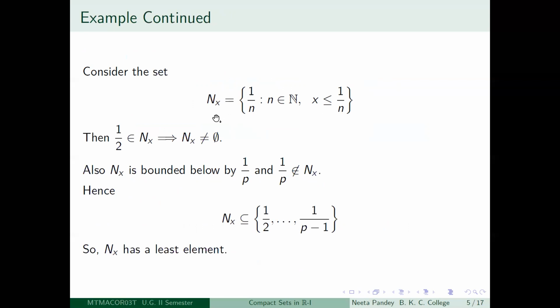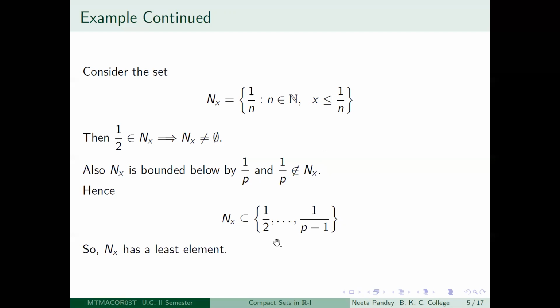But now notice that if 1/p does not belong here, then 1/(p+1) will also not belong, 1/(p+2) will also not belong, because all those numbers will keep on decreasing. So all 1/m, where m is greater than or equal to p, will be less than x. So what are the numbers which can be greater than or equal to x?